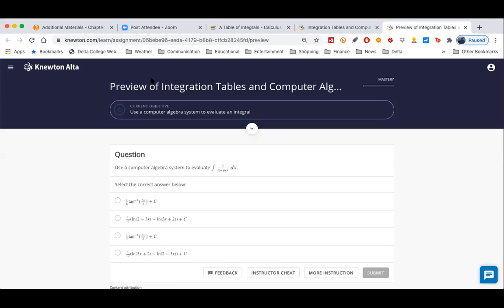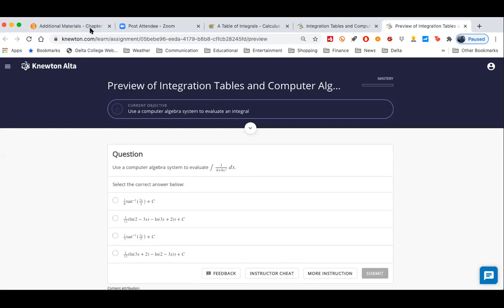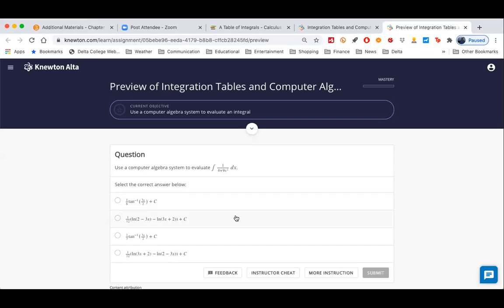So on this, they said use a computer algebra system to solve. So in that case, they actually want you to do this with a calculator or a computer, so Mathematica or your calculator. But let's see if we can do this with the tables. So if we were working through this on the table, how would we do it there?